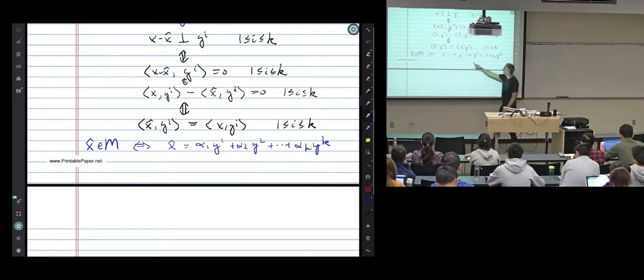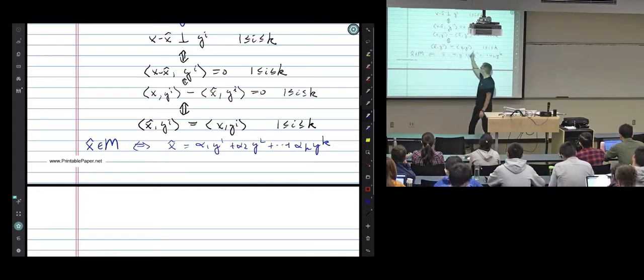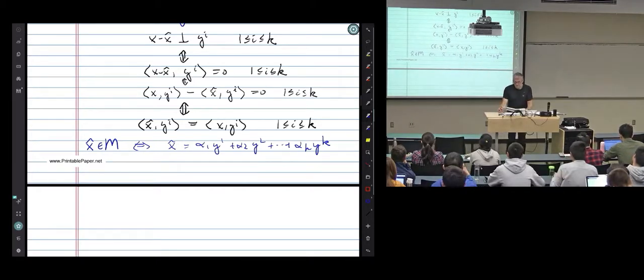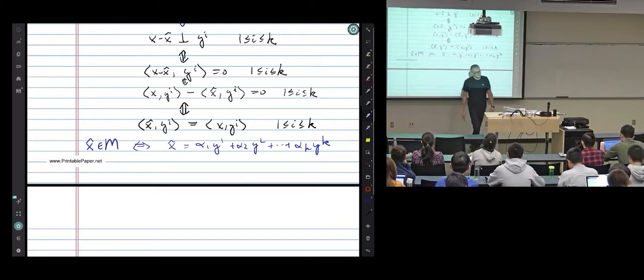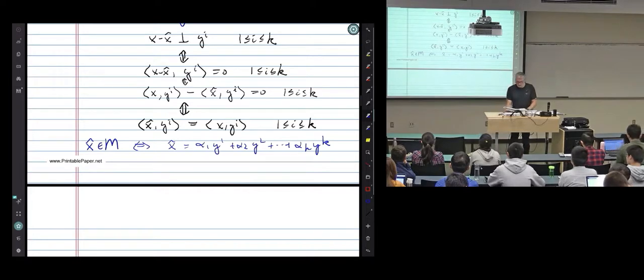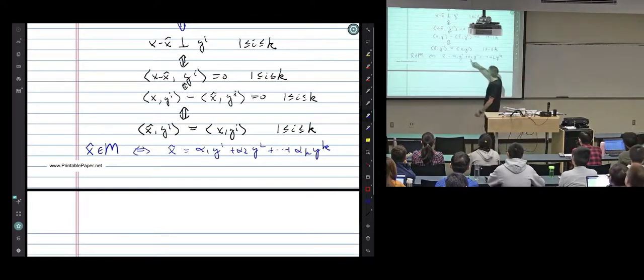I want to find these alphas such that this relationship holds, and then that will give me the optimizing approximating vector. It's a linear combination of things in M, and x minus x hat is orthogonal to everything in M, so that means this equality holds true.